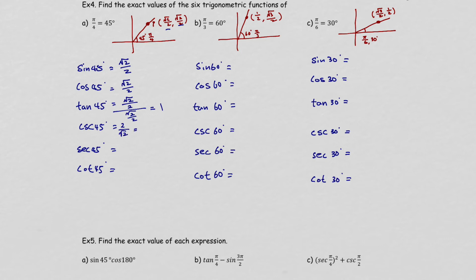And then you need to rationalize it again. So it will be square root of 2. Do the same thing for secant, so you get the same answer. Cotangent 45 is going to be flip of tangent, so it will be 1.